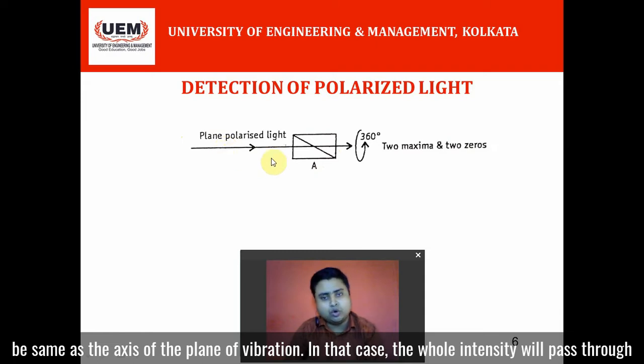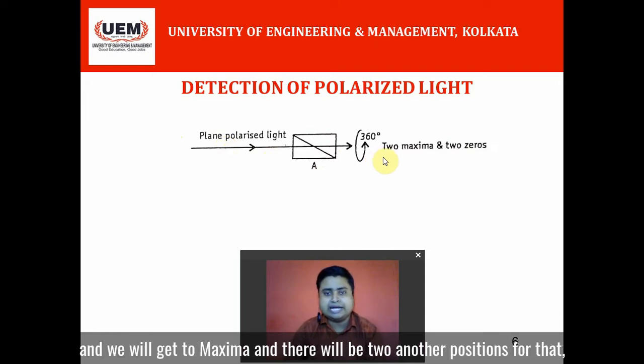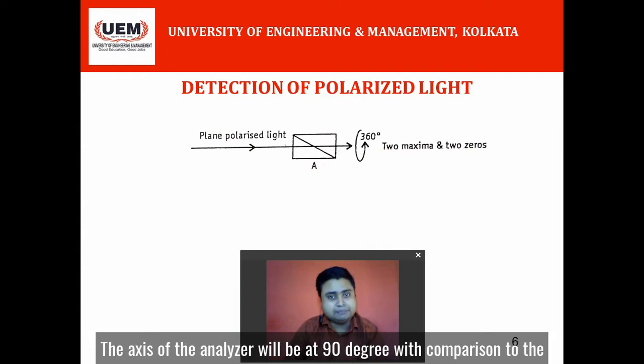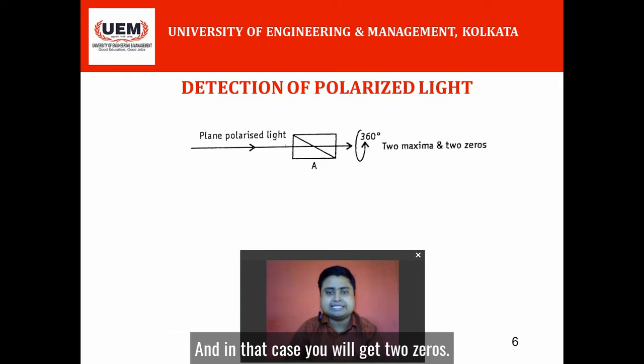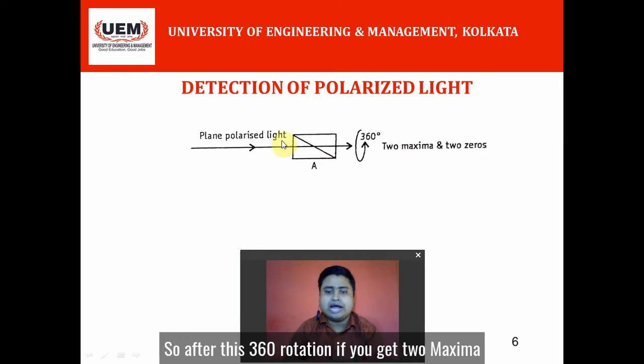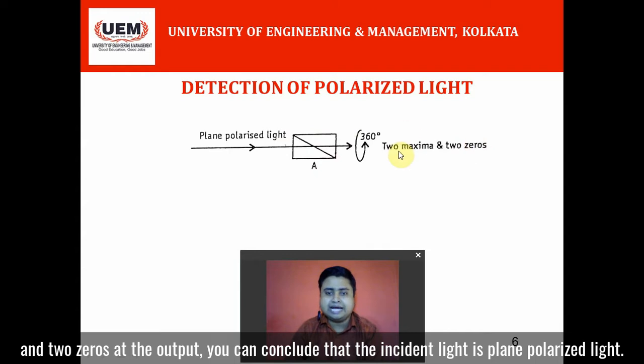In that case the whole intensity passes through and you get two maxima. For the other position, the axis of the analyzer is at 90 degrees to the plane of vibration of the plane polarized light, and in that case you get two zeros. So after this 360 degree rotation, if you get two maxima and two zeros at the output, you can conclude that the incident light is plane polarized light.